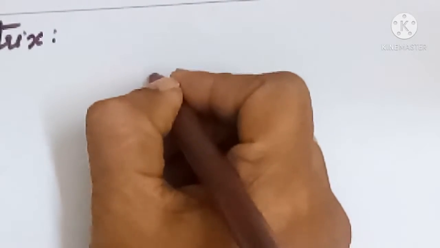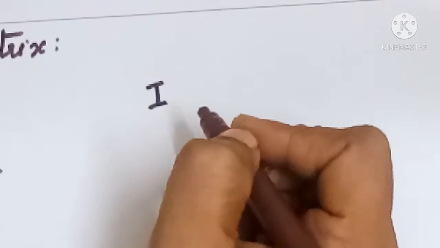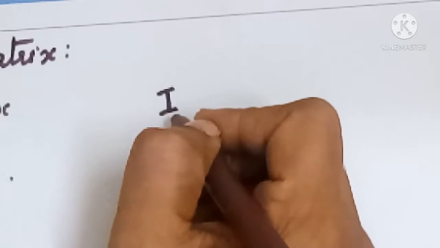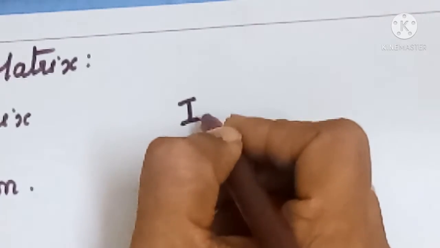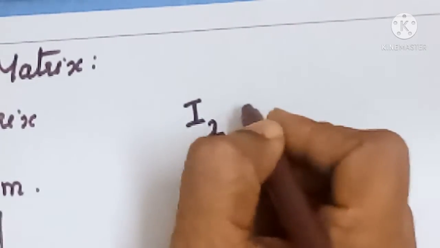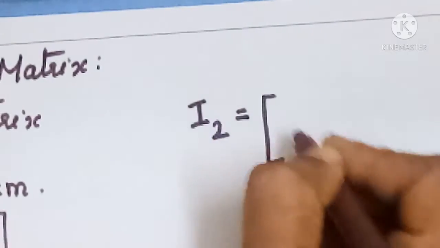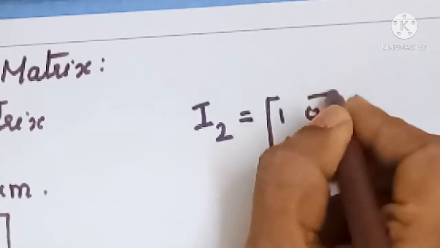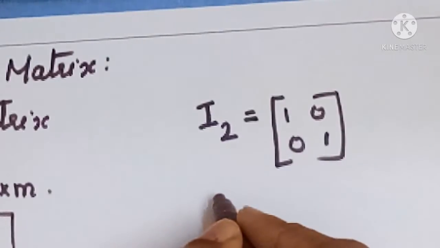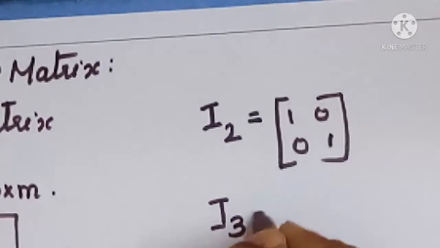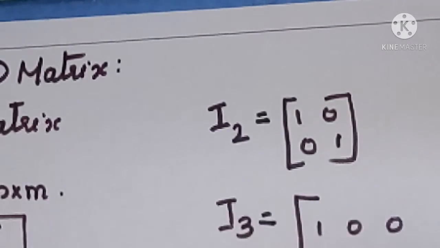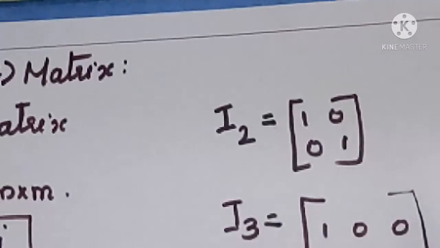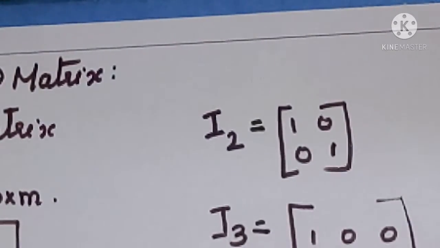Also, to represent a unit matrix, we use the capital letter I. If I take a 2 by 2 identity matrix, we can write I2, which is equal to 1, 0, 0, 1. Also, for a 3 by 3 identity matrix, we can write I3: 1 0 0, 0 1 0, 0 0 1. So this is the representation of an identity matrix.